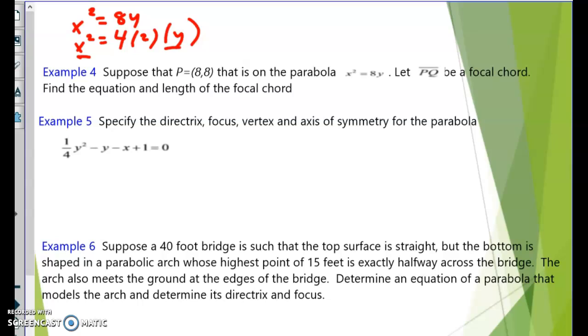So my p is equal to 2, my vertex is at (0, 0), my focus is 2 in the y direction, so going up 2. So (8, 8) is on the parabola, and my focus is at (0, 2).